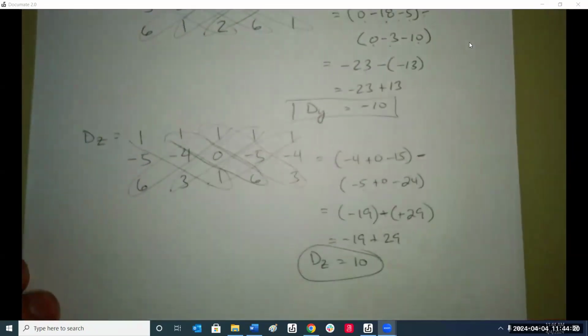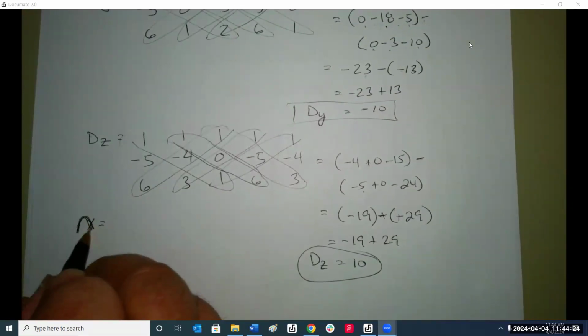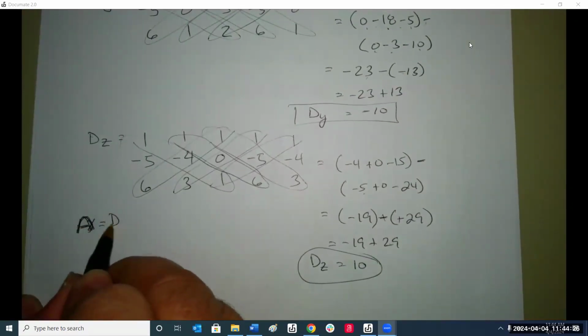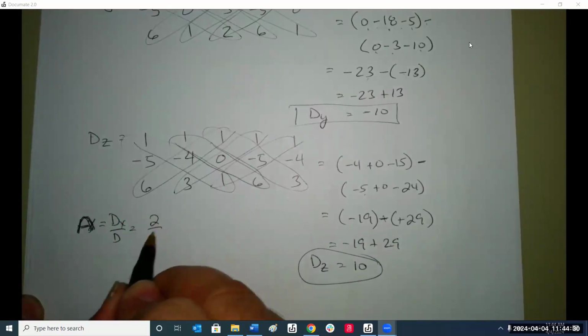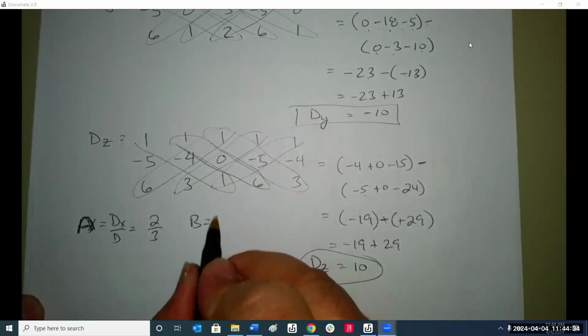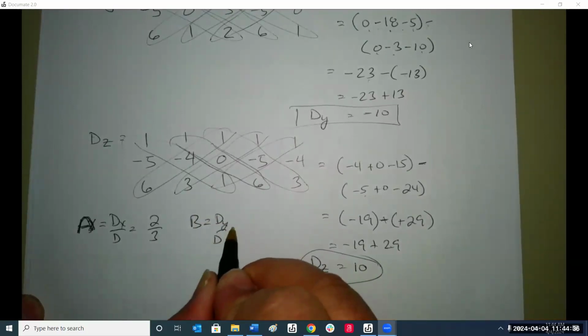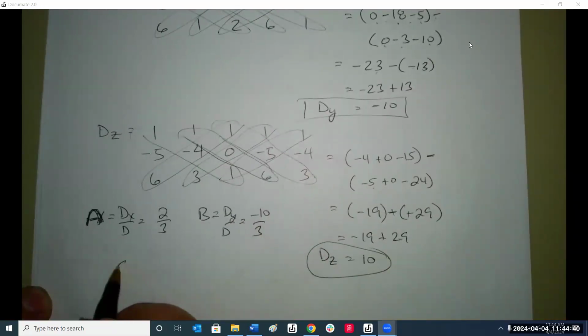And from the other page, remember, D was 3. So our x, which is A, is dx over D, which is 2 over 3. B is dy over D, is -10 over 3.